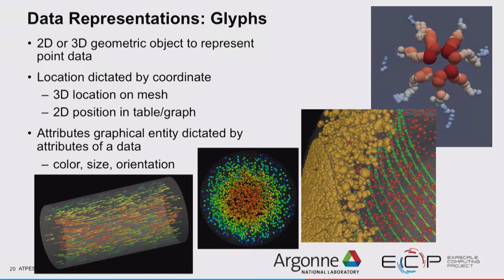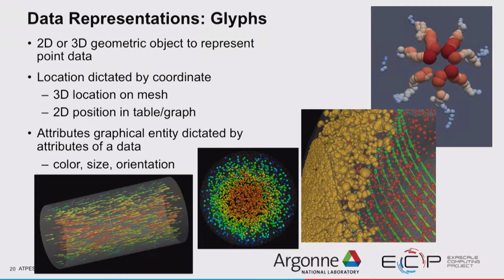Glyphs, again, are taking a 2D or 3D geometric object to represent point data. In this case, we're using a glyph, which is just some small 2D or 3D geometric thing. Most of these examples use spheres, but there's a couple of examples here with arrows. Again, you're trying to find ways to represent the data visually. So we have a bunch of arrows based on some vector, and their orientation is based on the orientation in this example flow field.